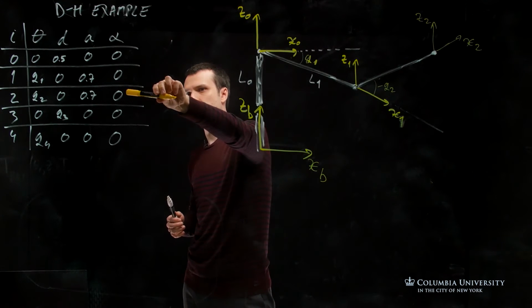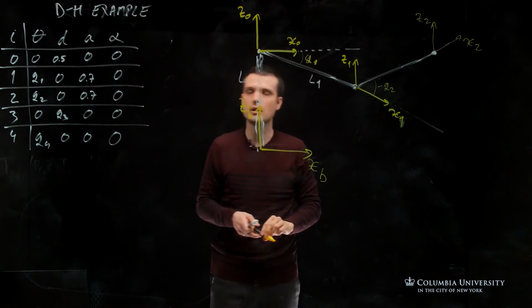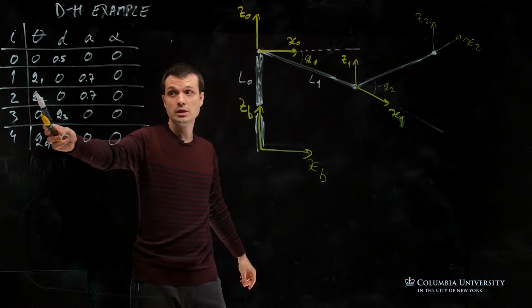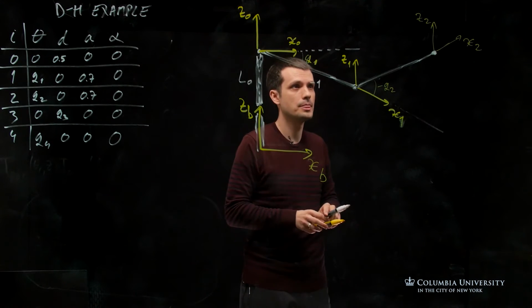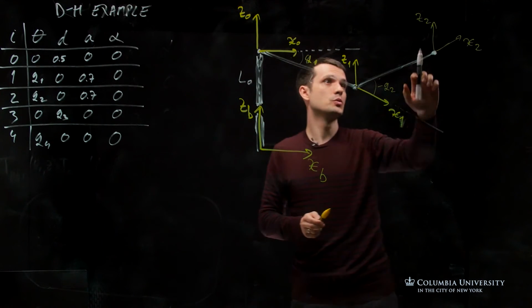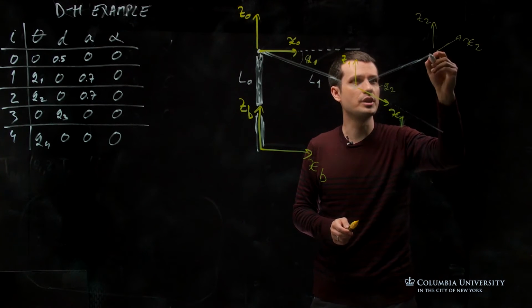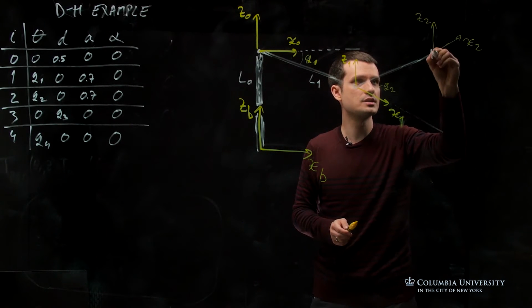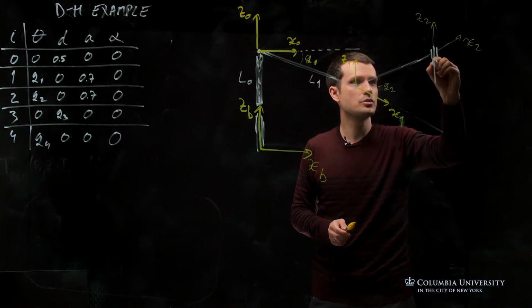We're done with this row of the table. Now we go to this row. This is the prismatic joint, so we have 0 rotation around Z, but we have a translation along Z. Again, a positive translation would be moving up. I'm going to draw it pointing down just for reasons that will become clear in a second. So this is a prismatic joint.